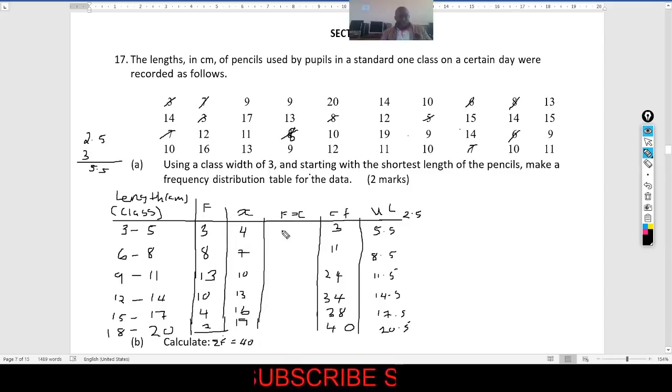Fx is this, and this gives you 12. This gives you 56. This gives you 130. This gives you 132.